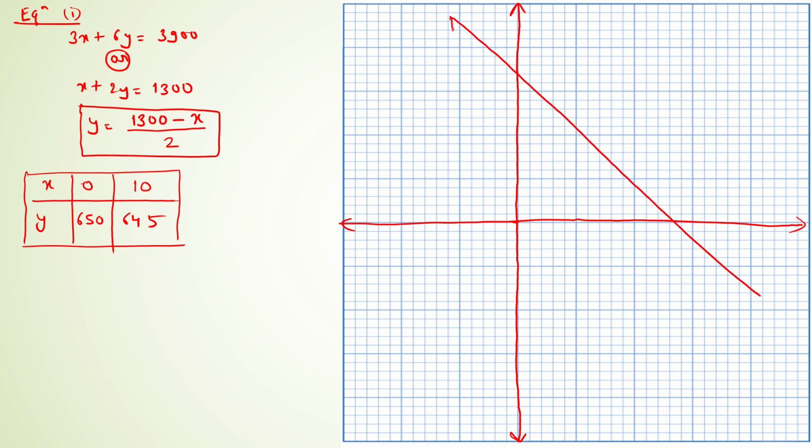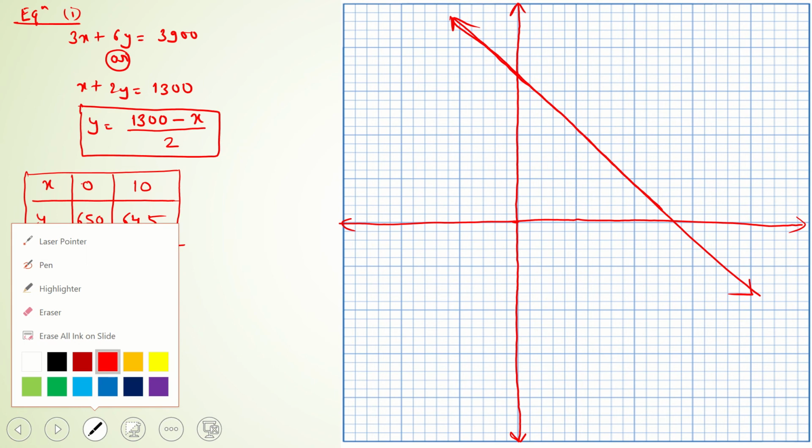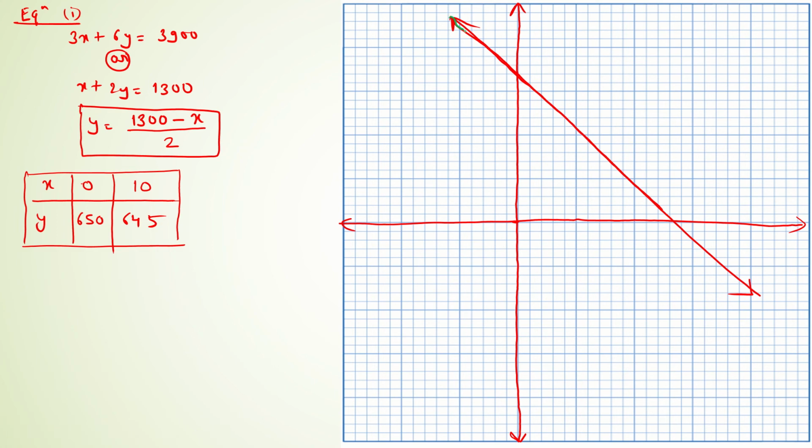This is the required line, and this line itself is going to represent both the equations, since in the simplified form both the equations are same. So lines are coincident over here.